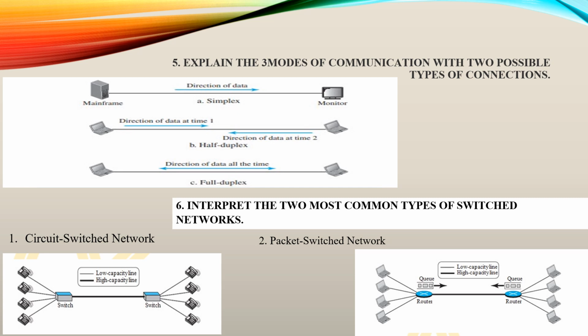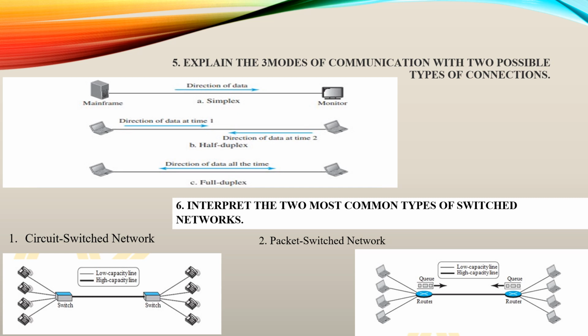Half duplex is where both sender and receiver can send data but not at the same time. Full duplex is where the sender and the receiver send and receive data at the same time. The two types of connection are circuit switch connection and packet switch connection.